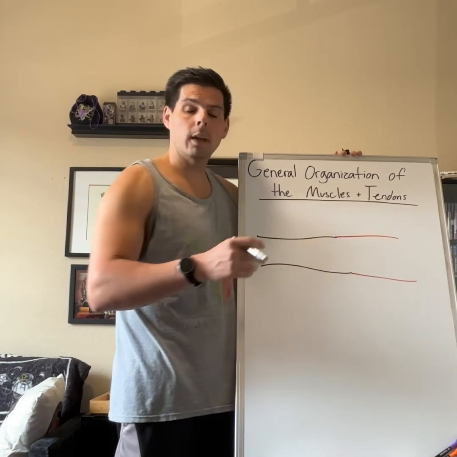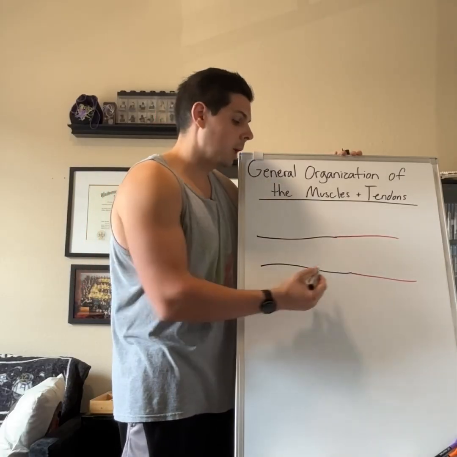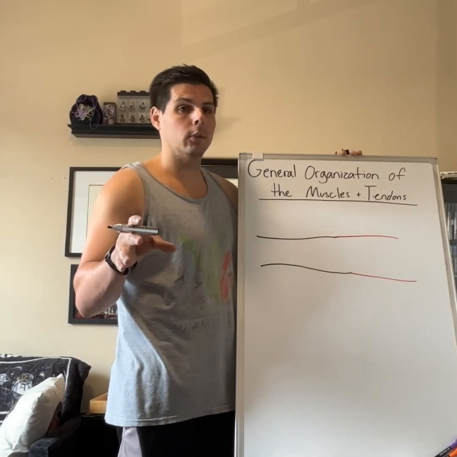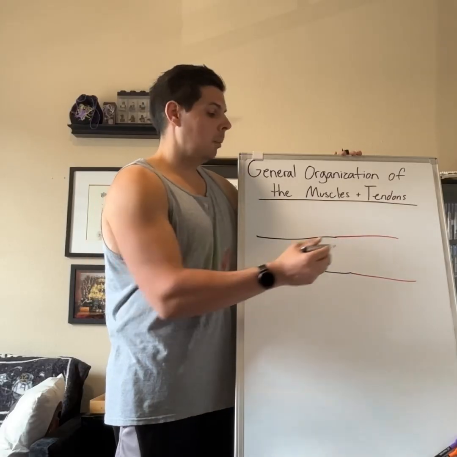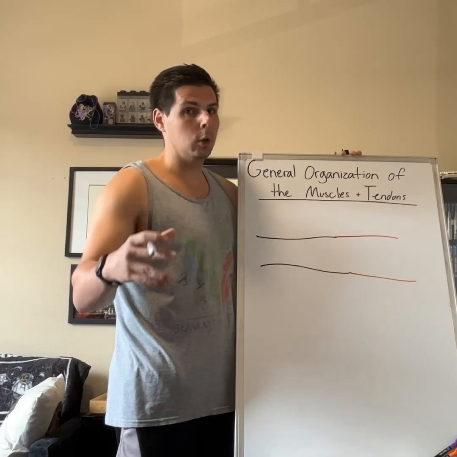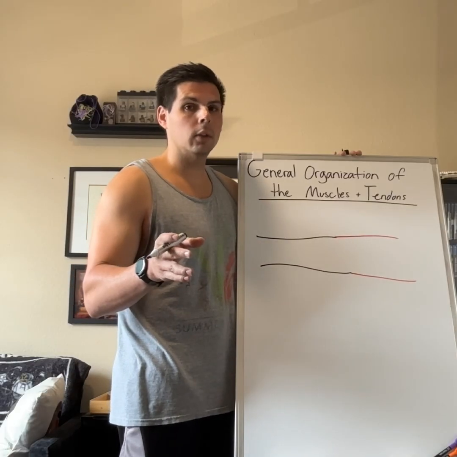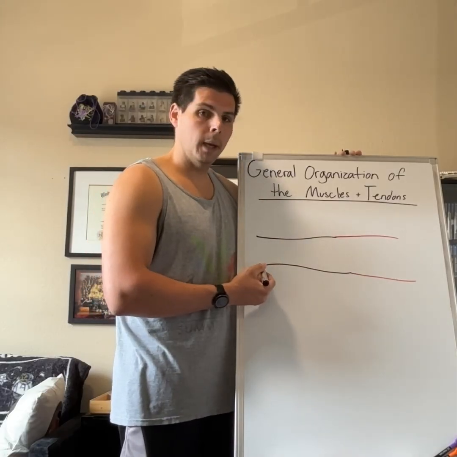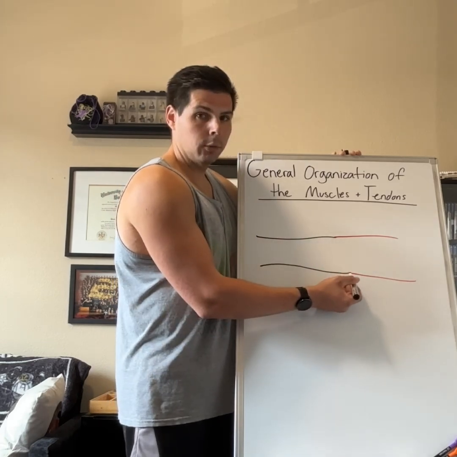Comparatively to muscles, which have very good blood supply thanks to all the great arteries and veins that run through them, tendons by comparison have significantly less vascular supply. It's not completely avascular, there is still blood supply there, but it's less, and the result is that tendons typically adapt more slowly overall than muscle tissue does, and it is also why tendons can take longer to heal than muscle tissue.